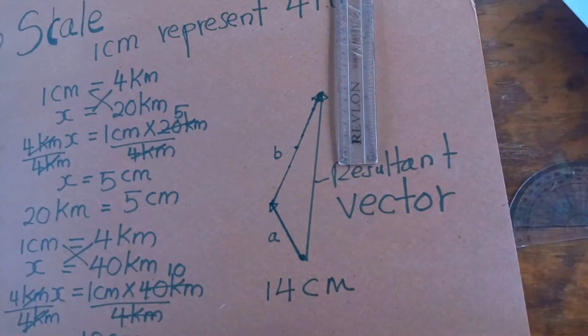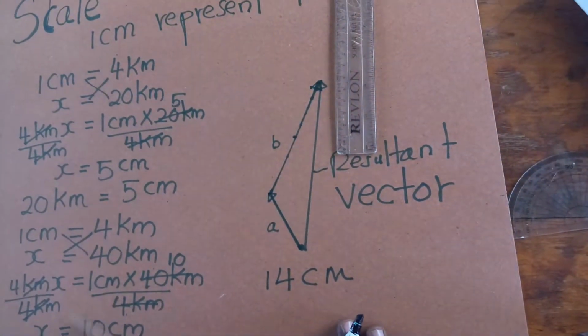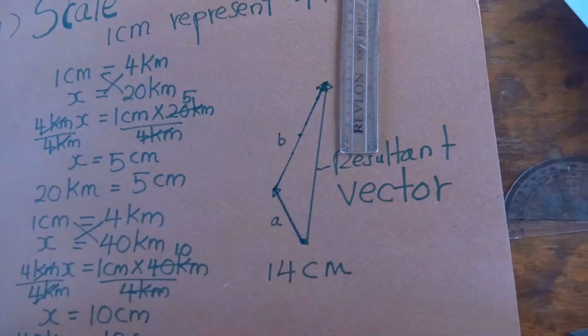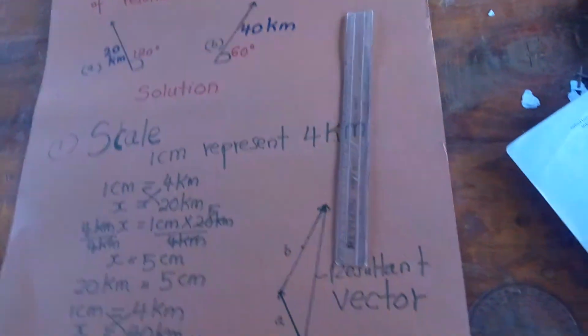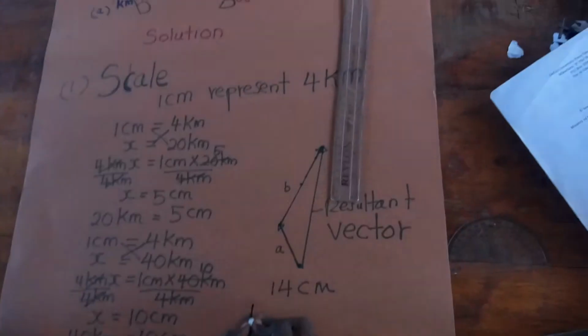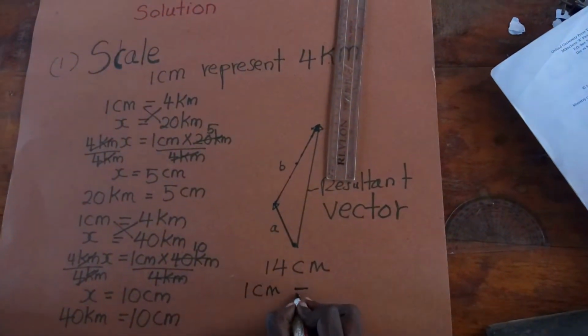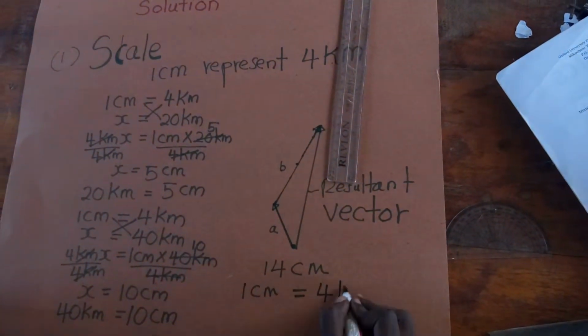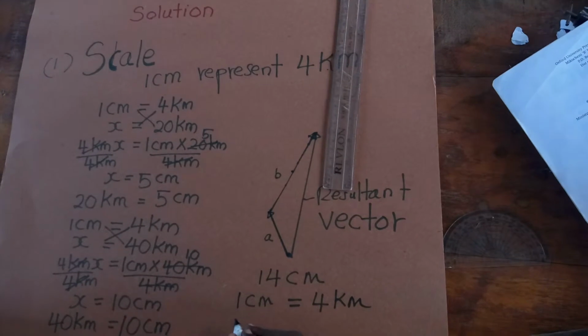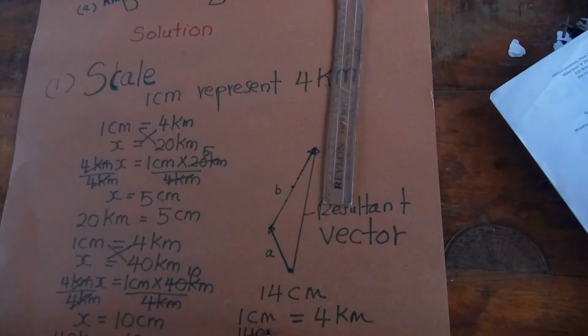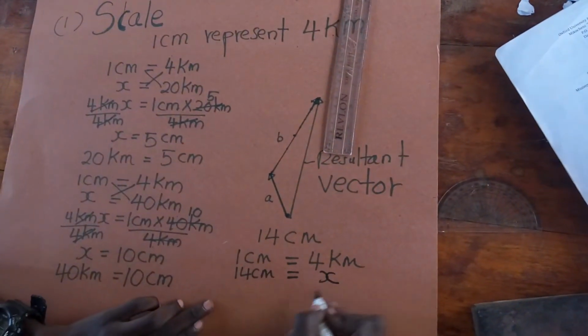But you are supposed to change it to the required units, which was kilometers. By using the scale that 1 centimeter represents 4 kilometers, 14 centimeters is equal to x.